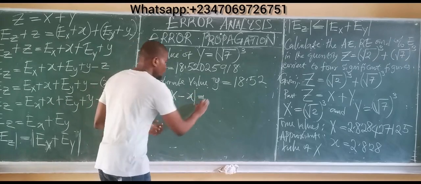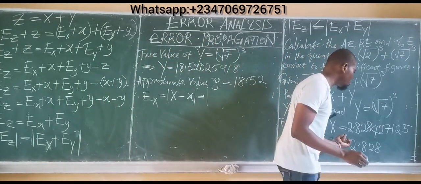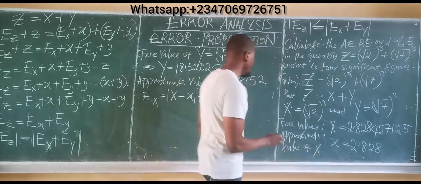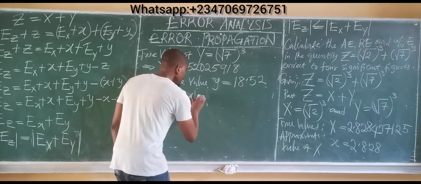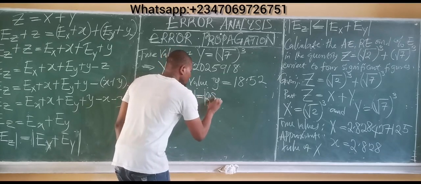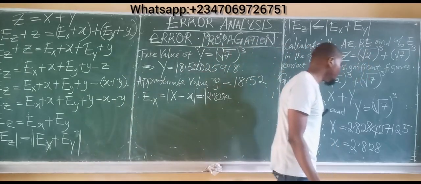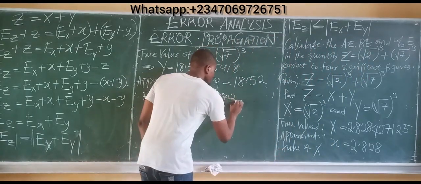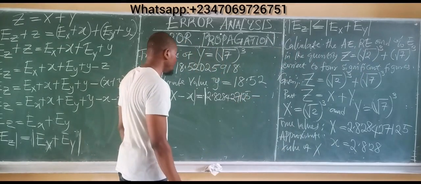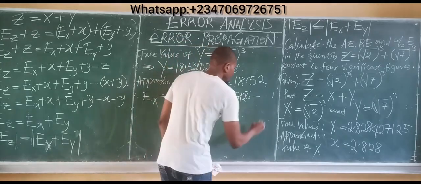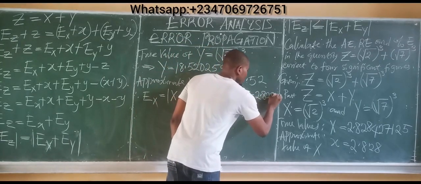The true value of x is 2.828427125, minus the approximate value of x, which is 2.828.